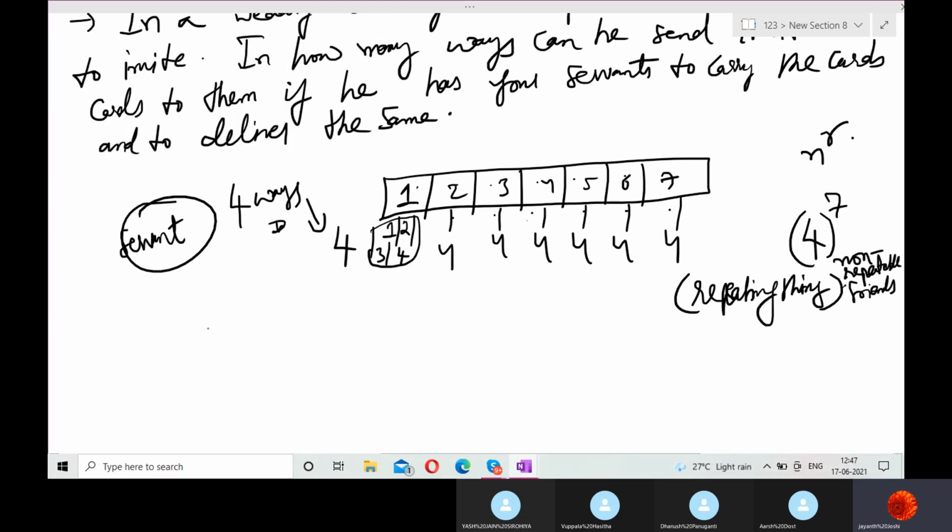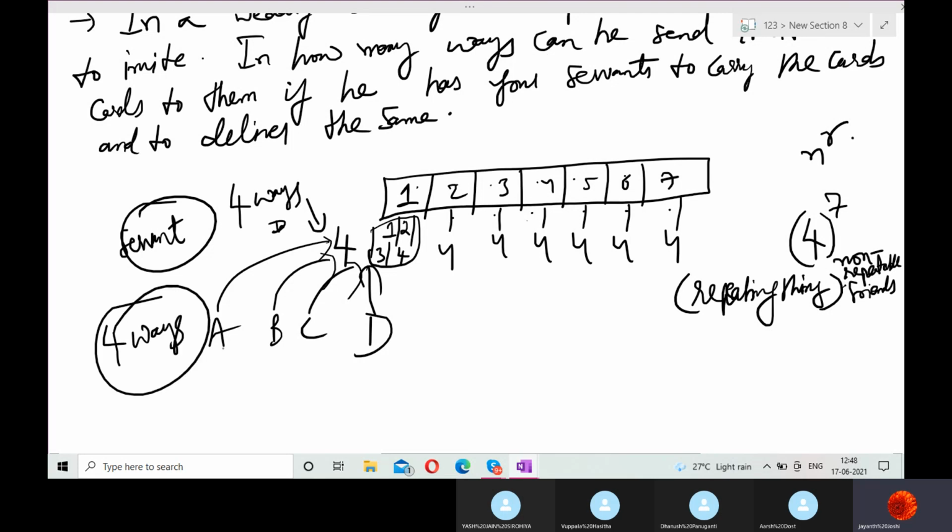See, there are A, B, C, D. Servant 1 can go, 2 can go, 3 can go, 4 can go. So in 4 ways the cards can be sent, but the card would be sent to only one of the friends. So this is flat number 201. The friend in flat 201 can get the card from any of the 4 servants. Correct or wrong?